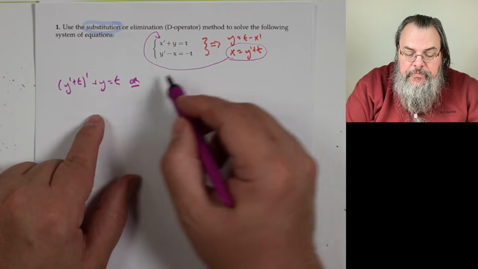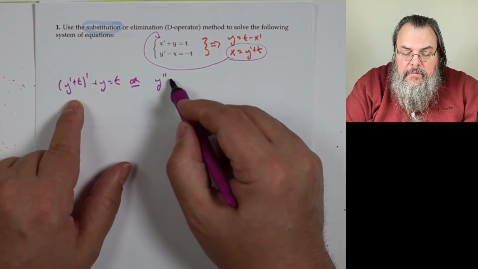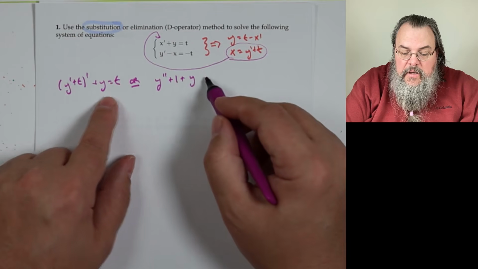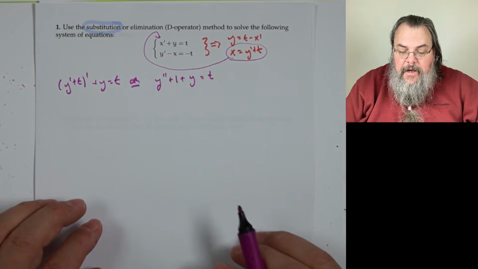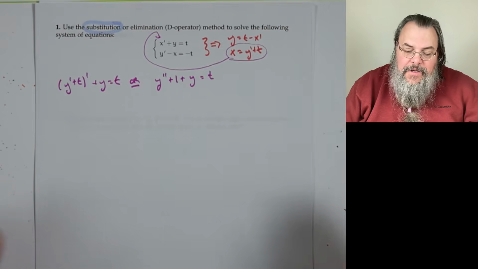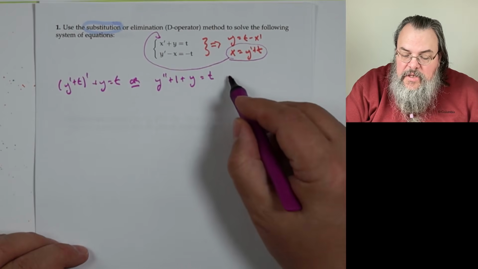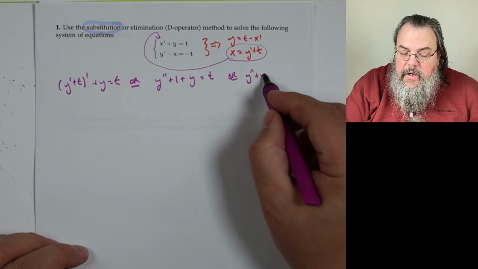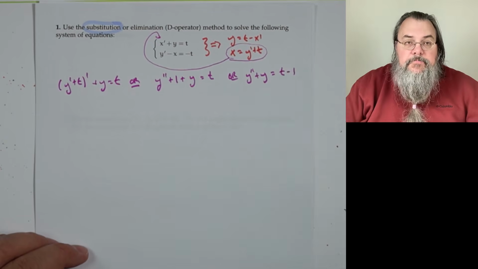Or, taking the derivative, y double prime plus 1 plus y is equal to t. All right. Aha. Success. Well, of a sort. Now, if you rearrange this, we say, or y double prime plus y is equal to t minus 1.